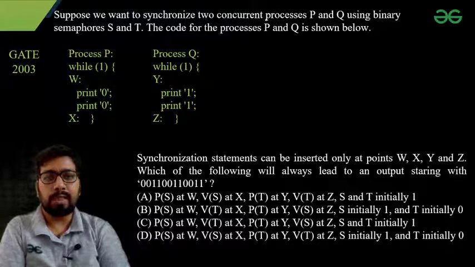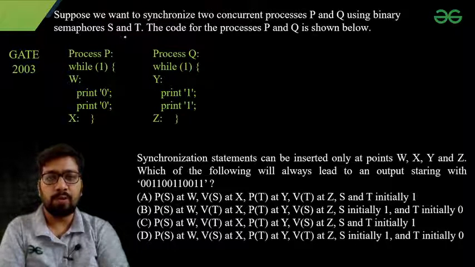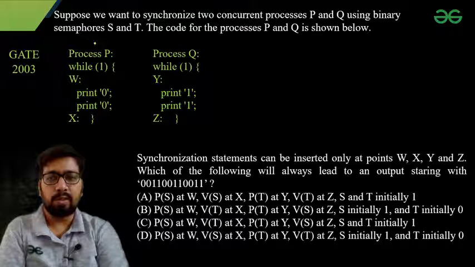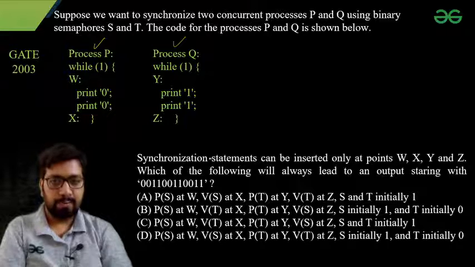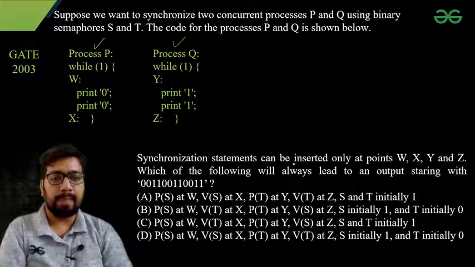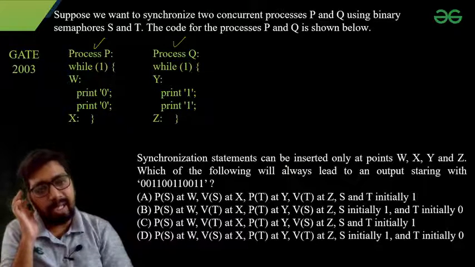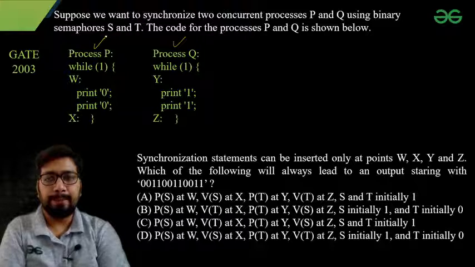Suppose we want to synchronize two processes P and Q using binary semaphores. Now we are going to talk about binary semaphores. We have two values S and T. The code for the processes P and Q is shown below. You can see this is the code. And we have W, X, Y, Z. Let me tell you, synchronization statement means W, X, Y, Z could be either a wait operation or a signal operation on semaphore S and T. Fine.